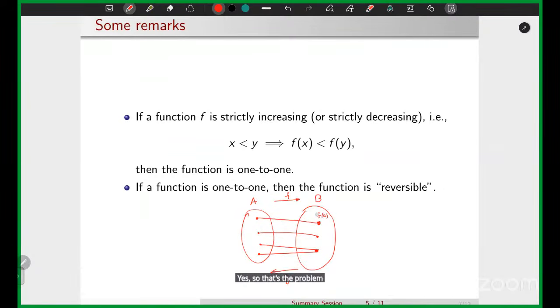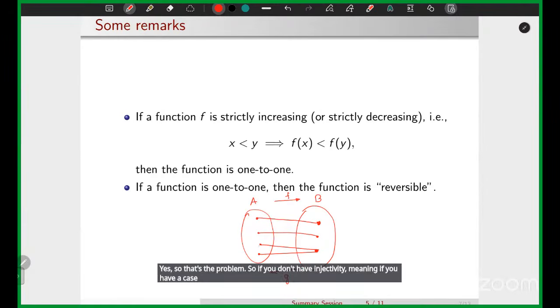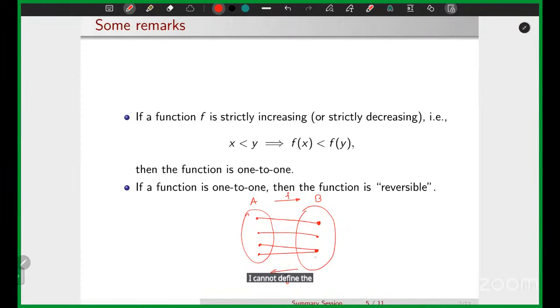So if you don't have injectivity, meaning if you have a case where multiple distinct elements are mapping to the same element, I cannot define G of this element. What is G of B? There are two choices. That is not well defined. That cannot be done.